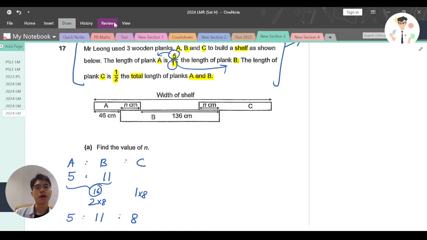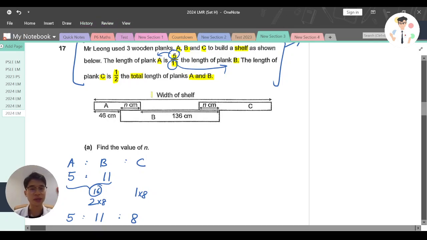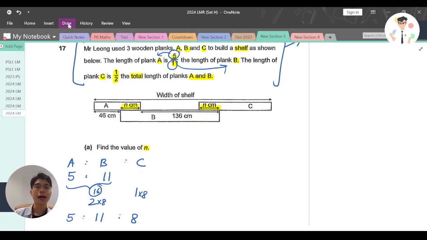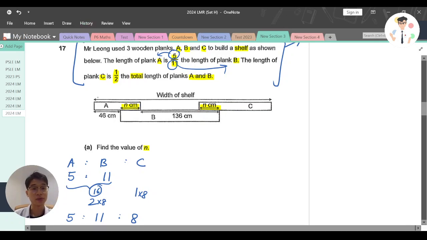Now, but looking for this doesn't solve the main question. The main question here is find the value of n, which is here, which is here. But what I know is that this A represents 5 units, this B represents 11 units, and this C represents 8 units.